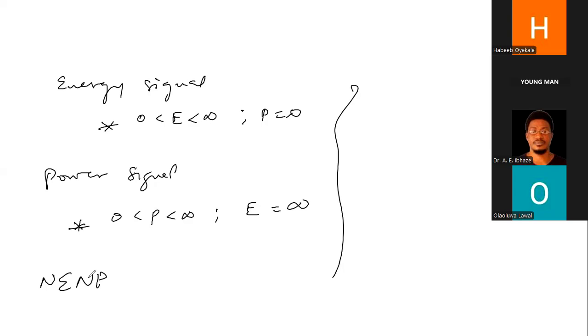Can you still find the integral of it, or can discrete signals be energy signals? Because I don't think it is defined for every value of time. It's only at fixed points.